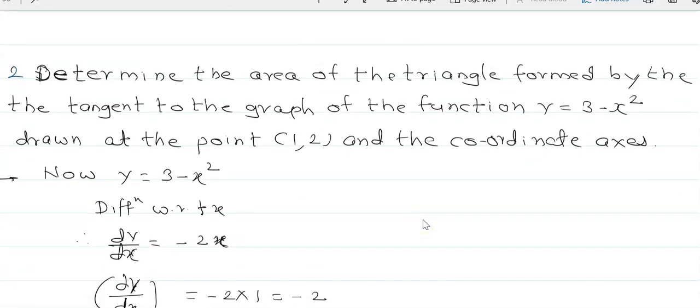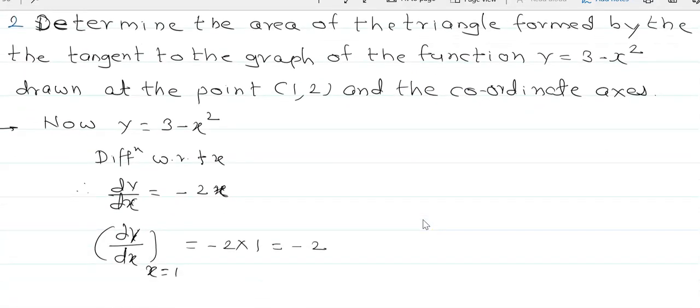Now, the next is question number 2. Determine the area of the triangle formed by the tangent to the graph of the function y is equals to 3 minus x square, drawn at the point 1, 2 and the coordinate axis.